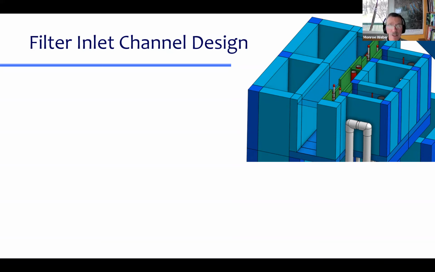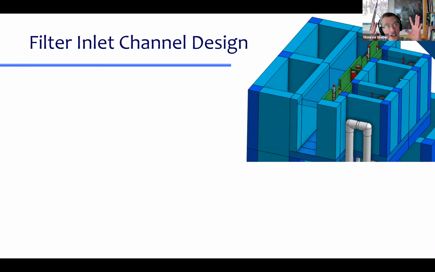I'm sorry, it's wrong. It's the last filter that gets the most, because the water that's flowing in this channel literally piles up at the end of the channel and pushes more water over the weir. The water has more velocity entering the channel. Here's another way to think about it.